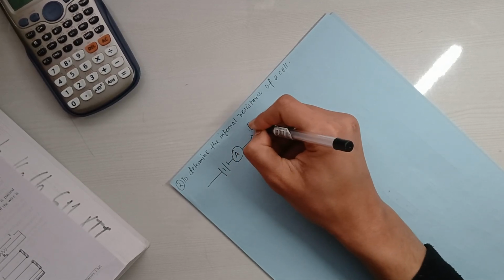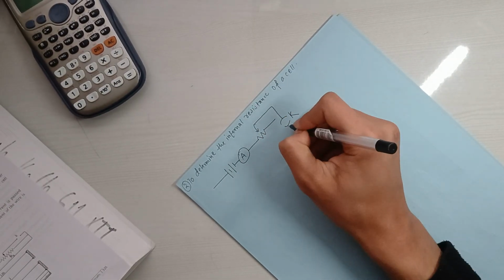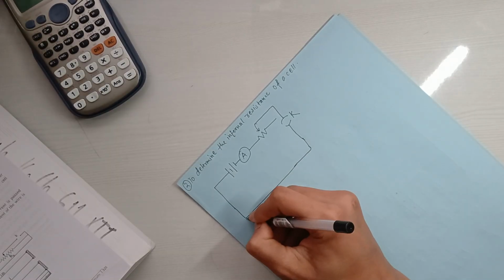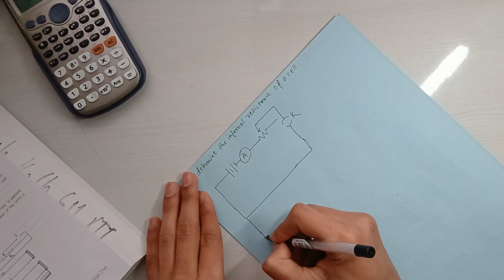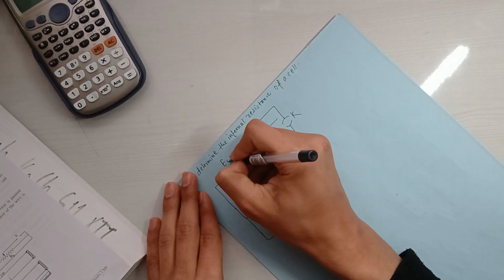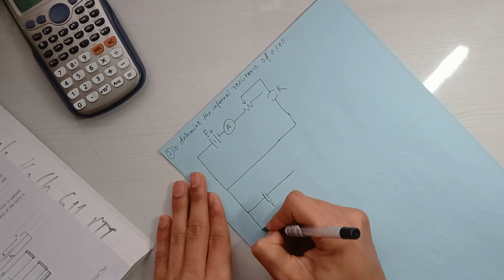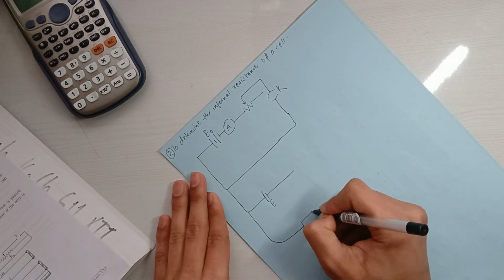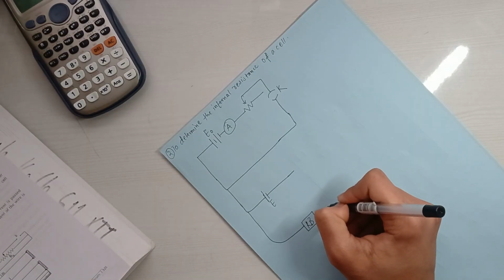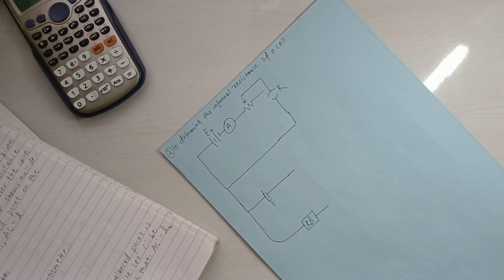Rheostat, and then we have a cell whose EMF is to be determined. This one's the driver cell, right here, and then under this we have a resistance box, which is also connected to the key.